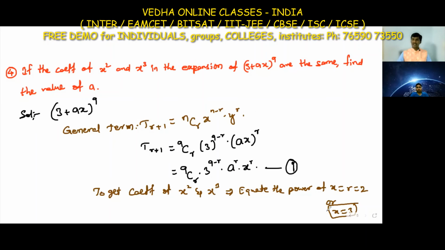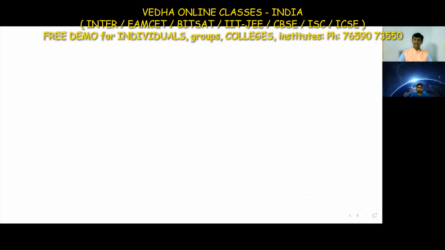Here I am substituting x is equal to 2. If you substitute, r is equal to 2, the power of x is equal to r, so r is equal to 2. So T(r+1) is equal to, and given that the coefficient of x square is equal to the coefficient of x cube.